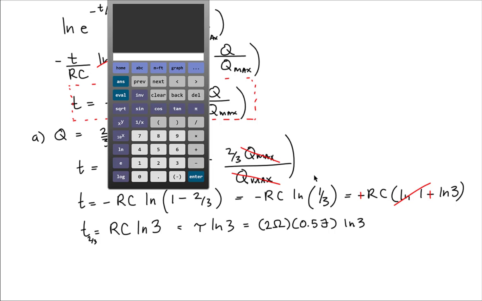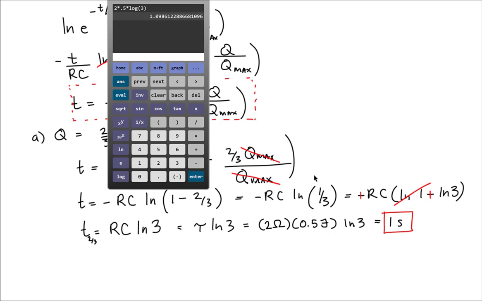Plugging this into our calculator, we have 2 times 0.5 times the natural log of 3, and our answer to one significant figure is equal to 1 second.